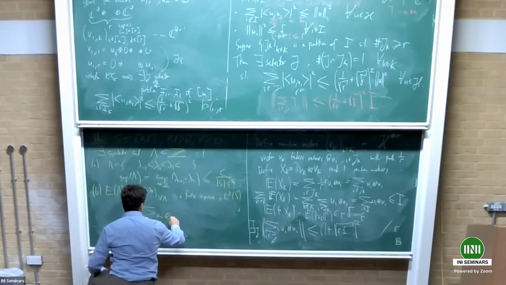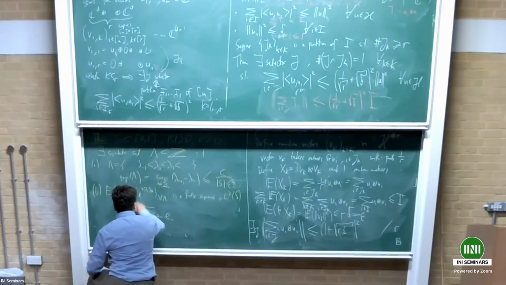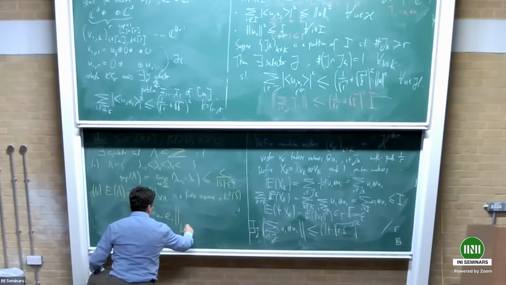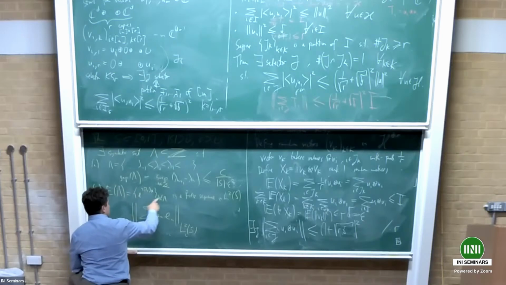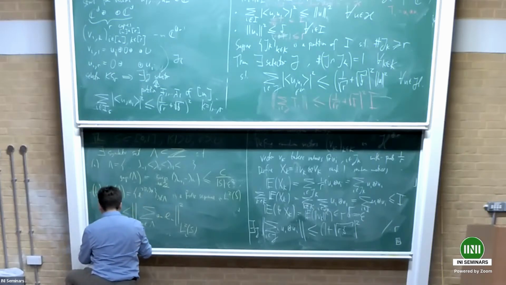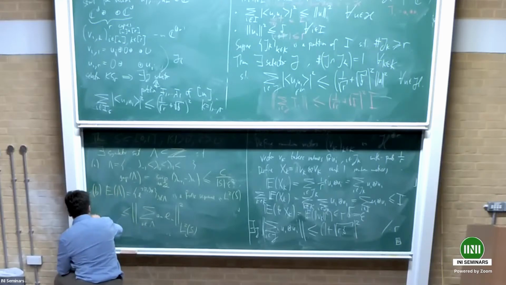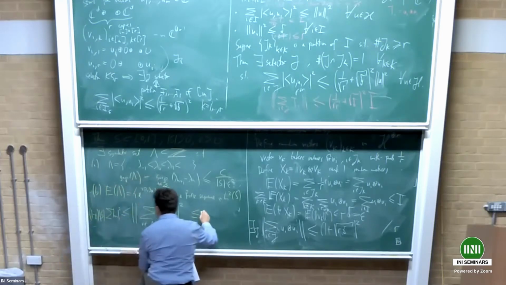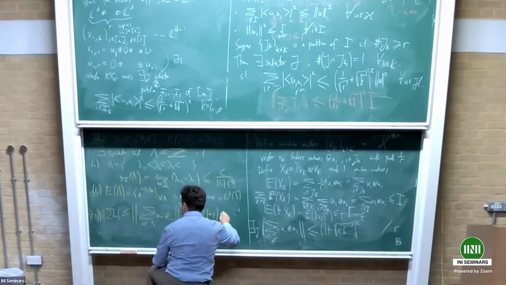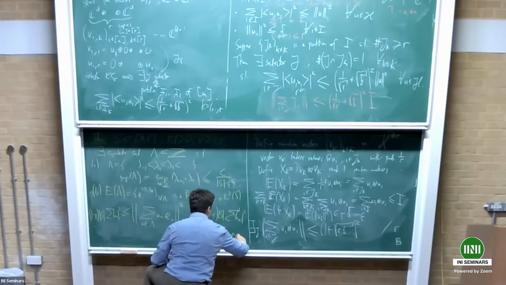You take linear combinations of complex exponentials with frequencies only in Lambda, and the square of the norm is controlled. From above, it will be (1 plus epsilon) measure of S times the sum of a_n squared, and from the other side you have the same bound with (1 minus epsilon) measure of S times the sum of a_n squared. This is true for all a_n in little l2 of Lambda.